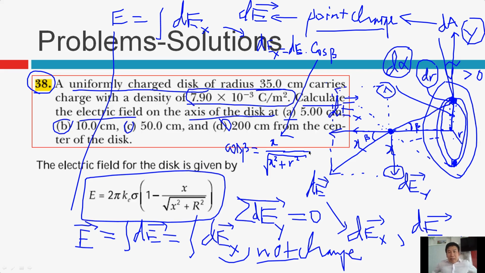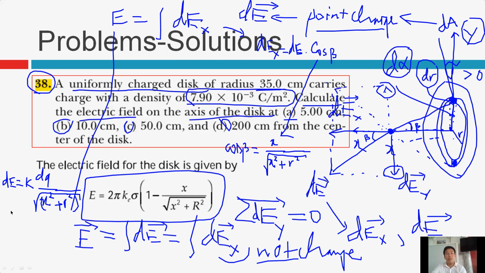Okay, you already have the cos theta, and now you just need to find dE. To find dE, this is very simple. dE equals k dQ divided by the distance squared. Because the distance from here is not s squared, it's s squared plus r squared, and you get the root of the total.